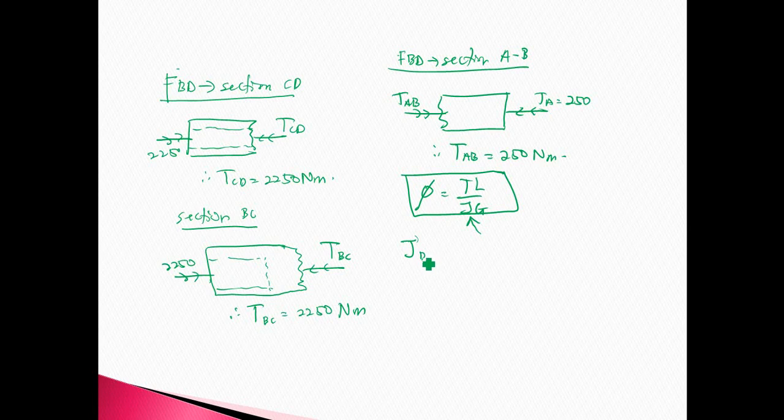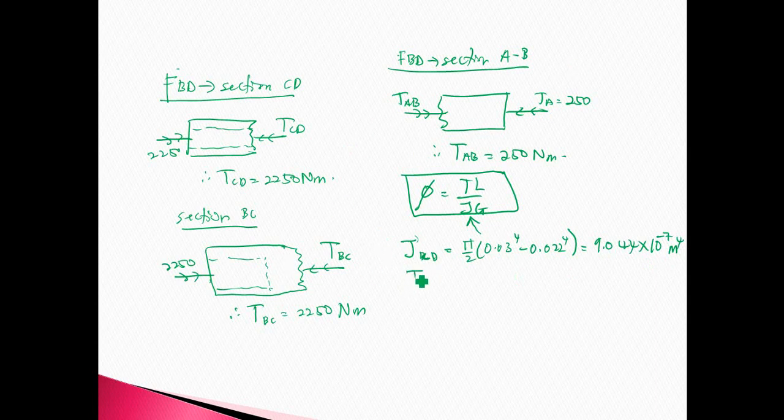For section CD, J equals pi over 2 times 0.03 to the power of 4 minus 0.022 to the power of 4, which is 9.044 times 10 to the minus 7 m to the power of 4.